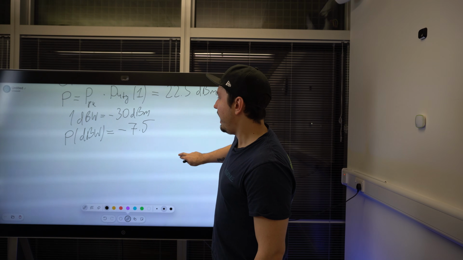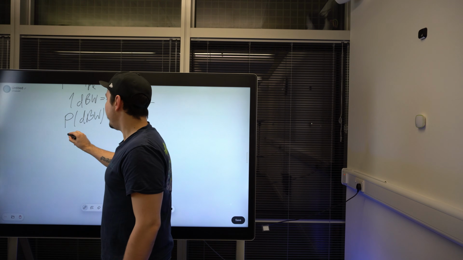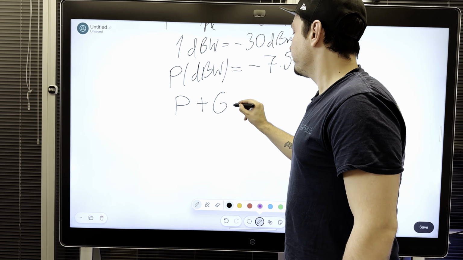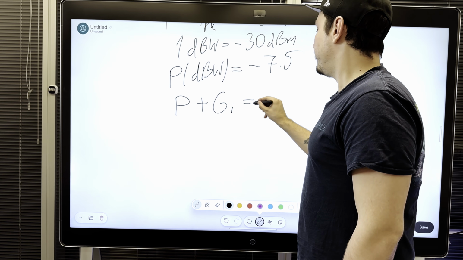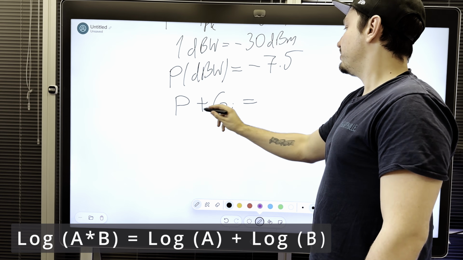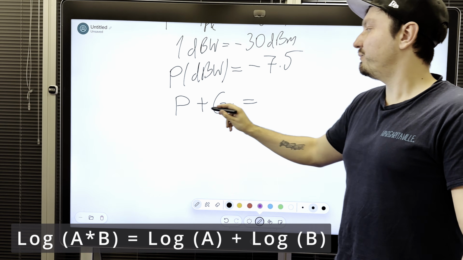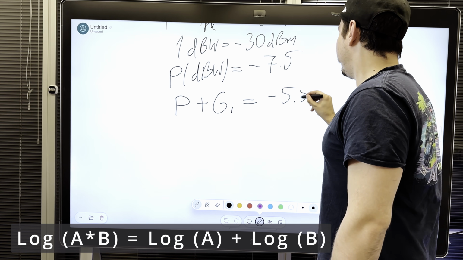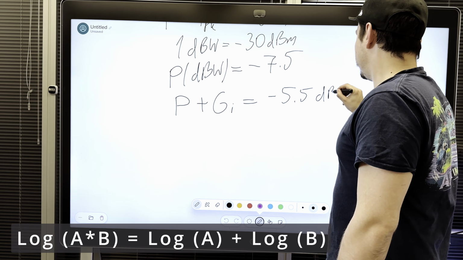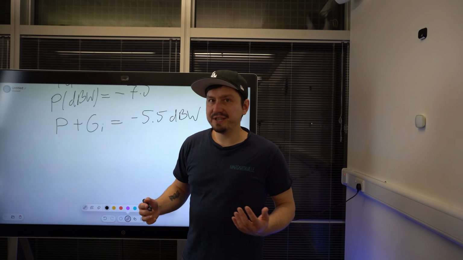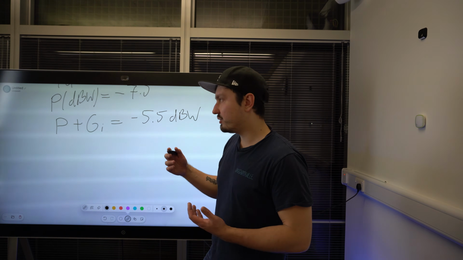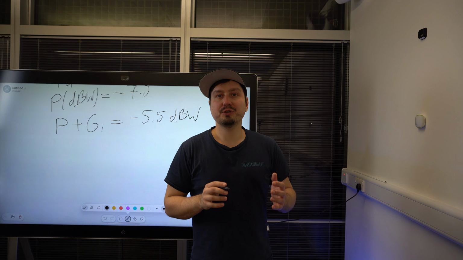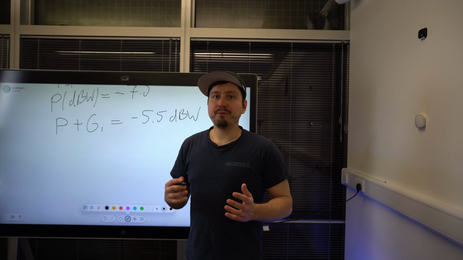Now we can add our final gain and obtain the top part of our equation, which is going to be minus 7.5 plus 2 equal to 5.5 dBW. So this is effectively the tricky part, because now we need to convert all those values into the right format.